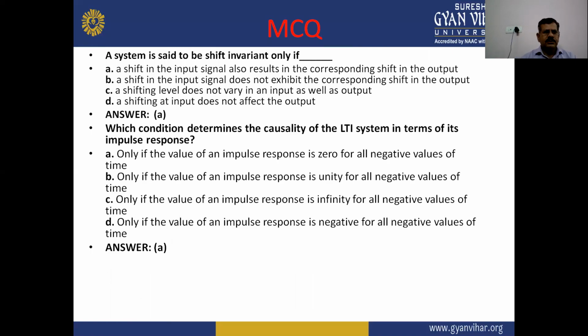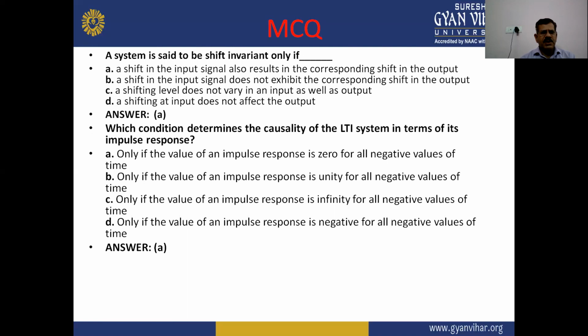Next question, a system is said to be shift invariant only if, option A, a shift in the input signal also results in the corresponding shift in the output. Option B, a shift in the input signal does not exhibit the corresponding shift in the output.